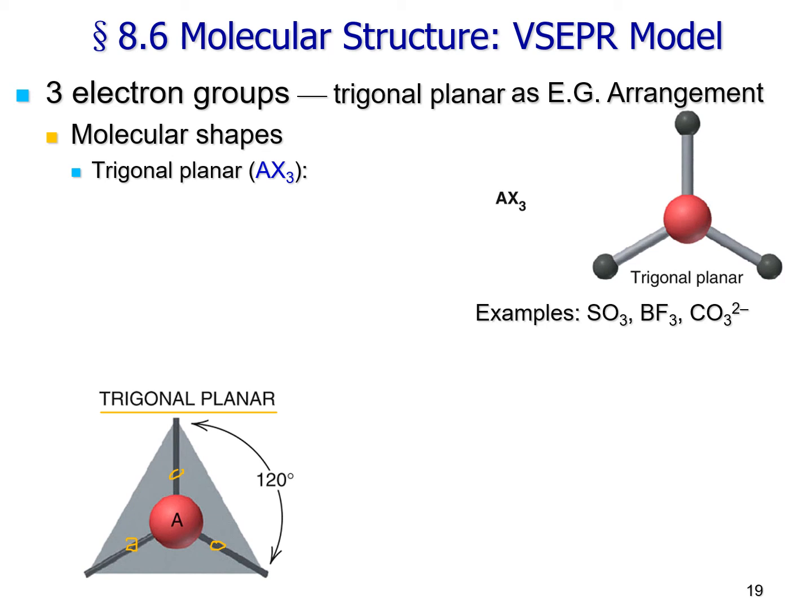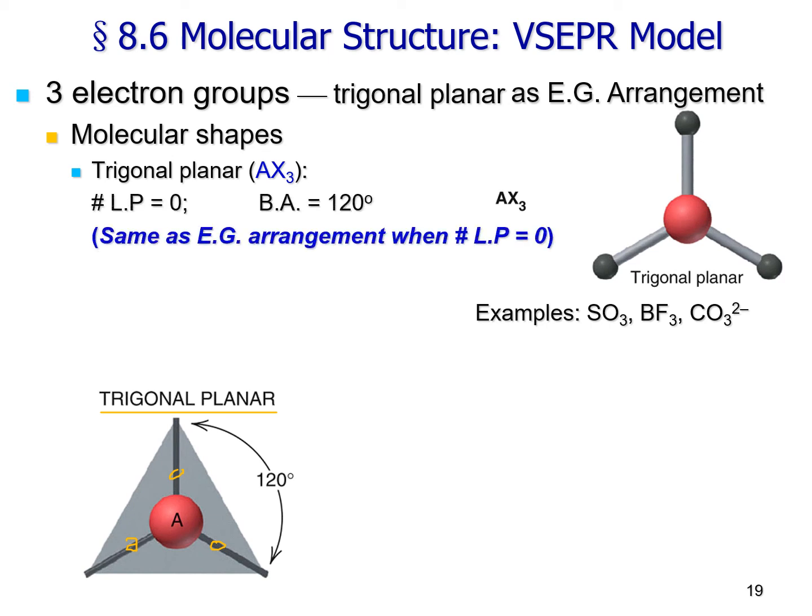We call it trigonal planar, and of course there will be no lone pair. The bond angle is 120 degrees. That's why molecular shape will be the same as electron group arrangement if there's no lone pair, because every electron group will have an atom at the other end.